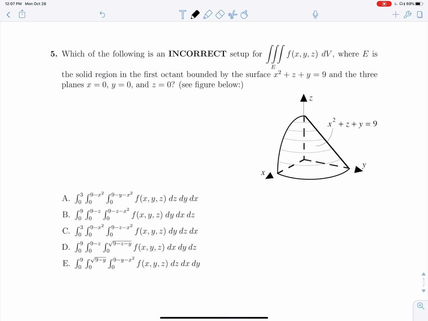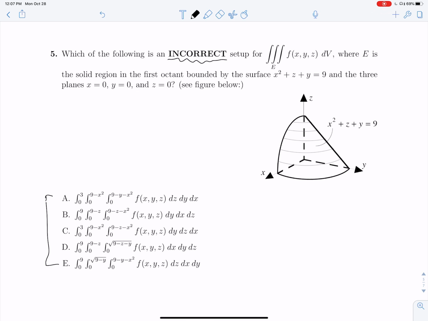Okay, this is a little bit of an odd question. They don't ask this very often. They're asking for the incorrect setup for one of these integrals, and it can be really daunting looking at all of this, trying to figure out what in the world they're looking for. But there's actually a very clean and easy way of solving this.